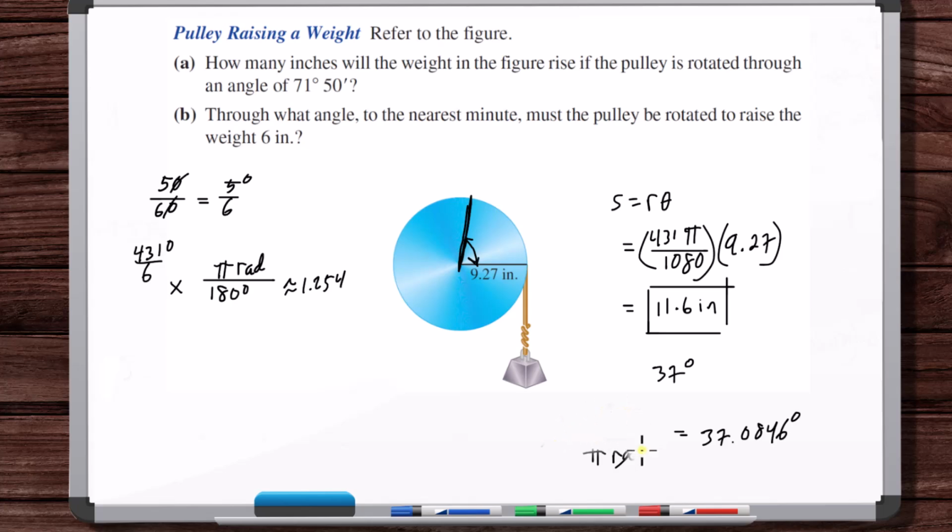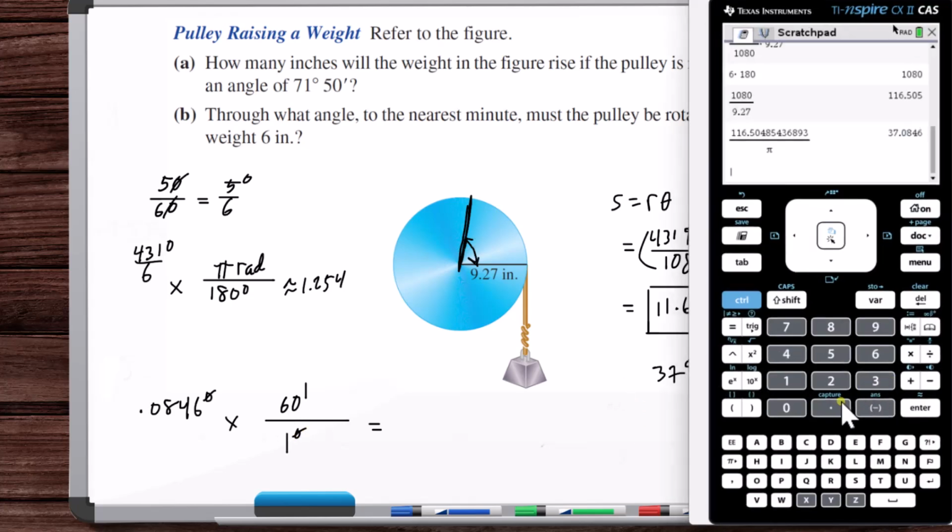Because we can say that we've got 0.0846 degrees times the fact that you've got 1 degree for every 60 minutes. So now we're in minutes. 0.0846 times 60, 5.076.